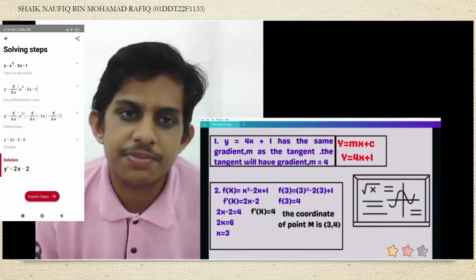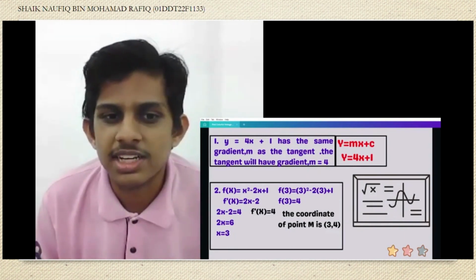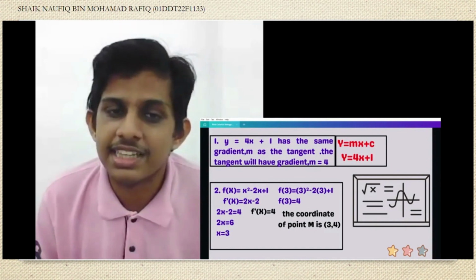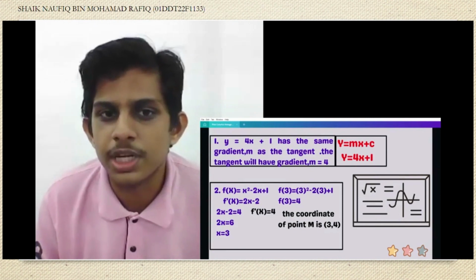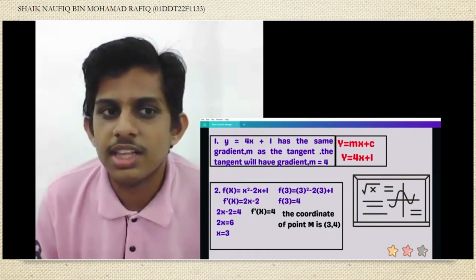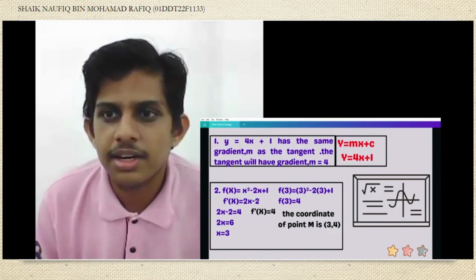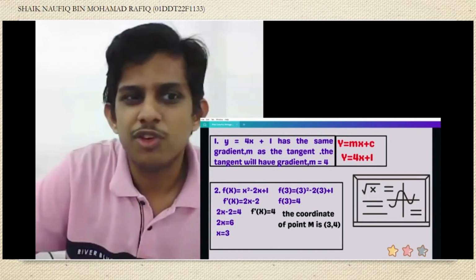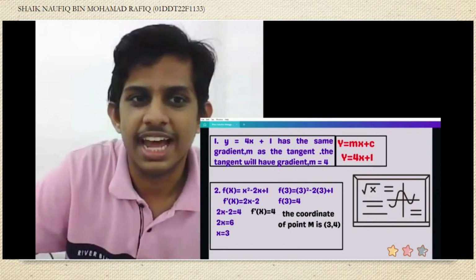First, y equals 4x plus 1 has the same gradient as the tangent. And the tangent will have a gradient m equal to 4, because the integer before x indicates the gradient of the line.